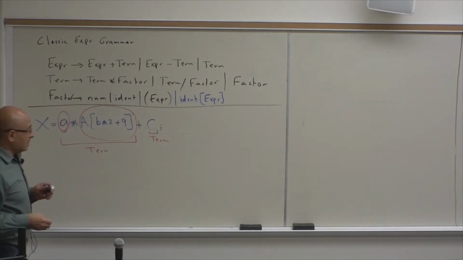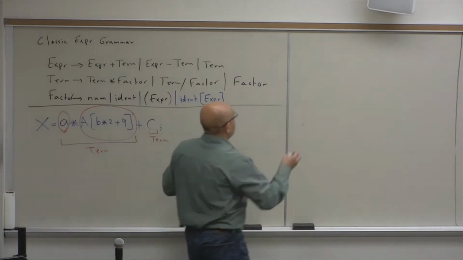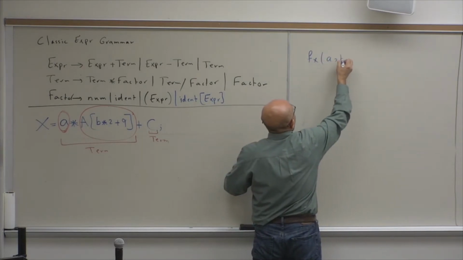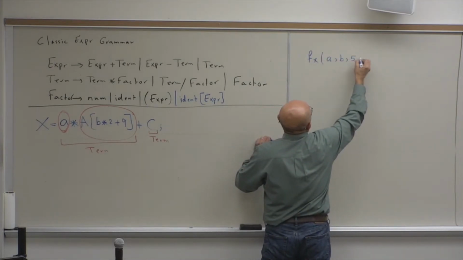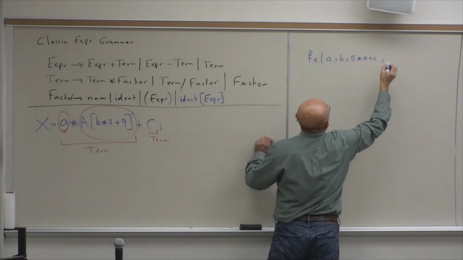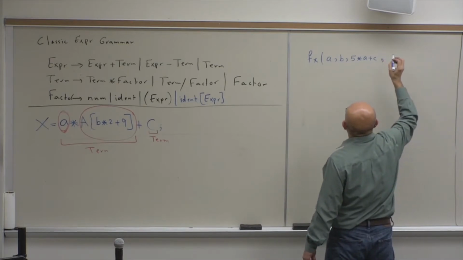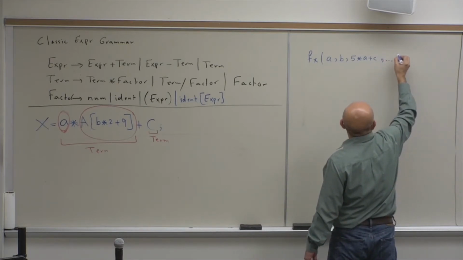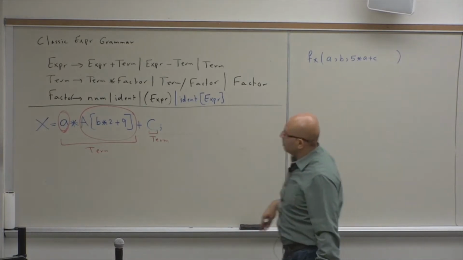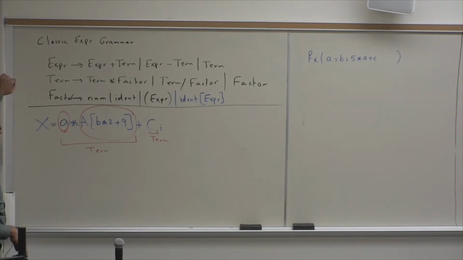Okay. So there is one more thing that we need to support, which is function calls. Like if you have a function like f x of a, b, 5 times a plus c, whatever. So if you have a function call like this, how would you represent it?